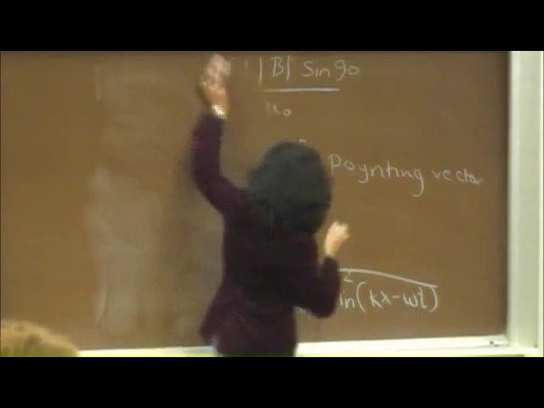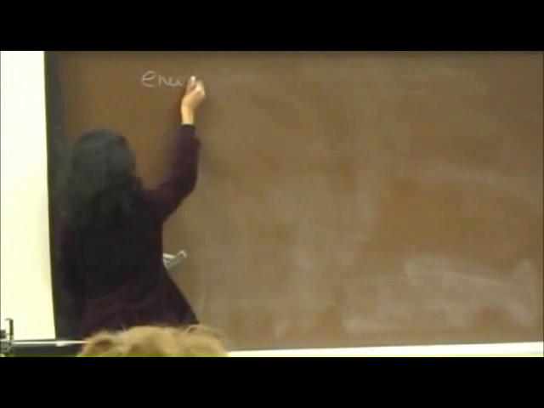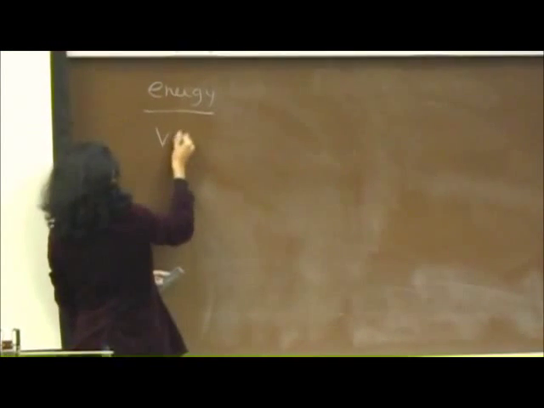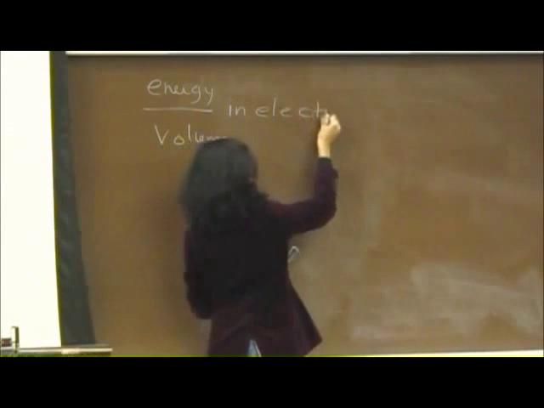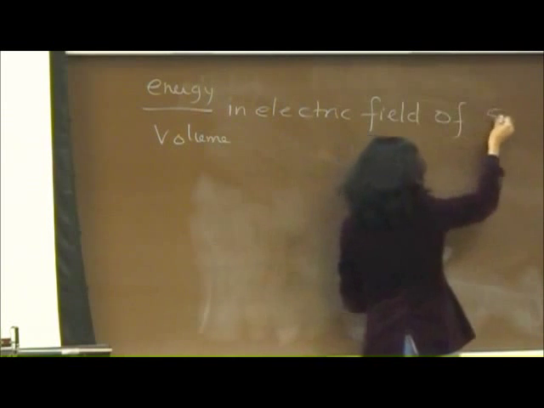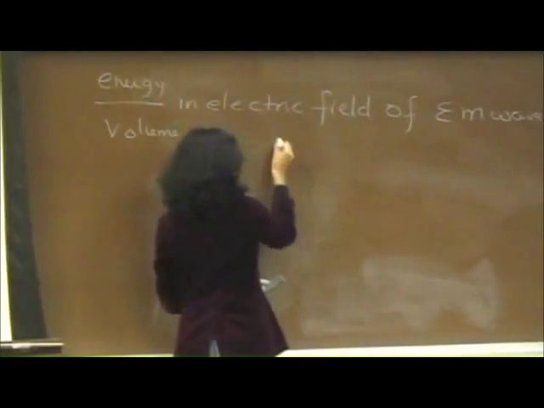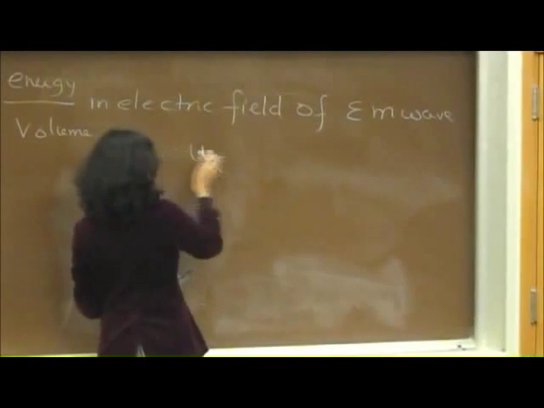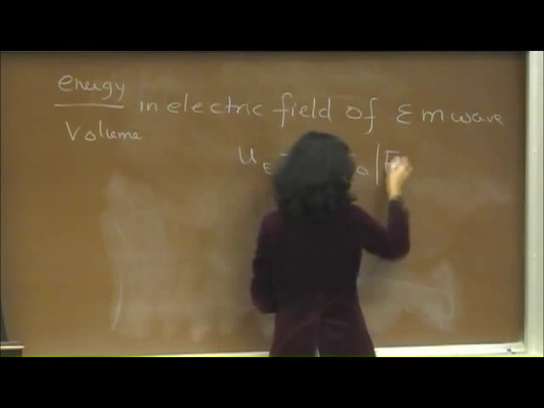So if you remember, energy per unit volume in the electric field of an electromagnetic wave, let's give it a name, u sub E, will be equal to half epsilon 0 times the electric field square.